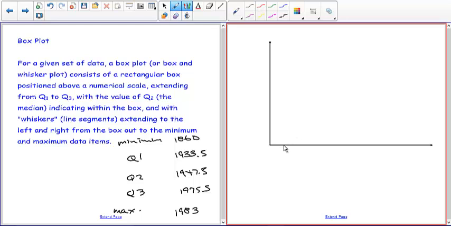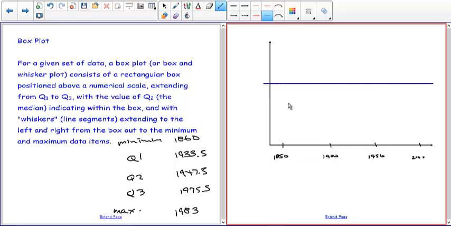Let's start at 1850, then 1900, 1950, and 2000. I just need to break it up into three segments. And I'm going to draw a line, which I'll erase later, just to have something to use as a basis. This is just where I'm going to put my data points along.